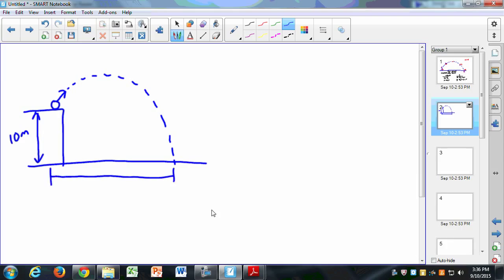Let's say that it travels 20 meters. Oh, that's not that more difficult. Let's say that V naught, say this angle is 30 degrees. Now we're at V naught. Can we solve that pretty easily? Let me just double check.